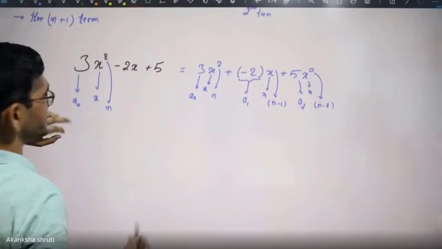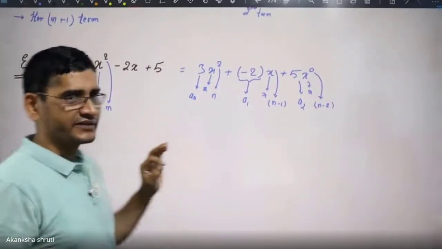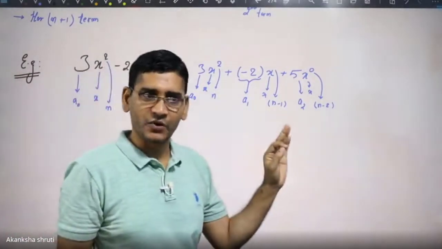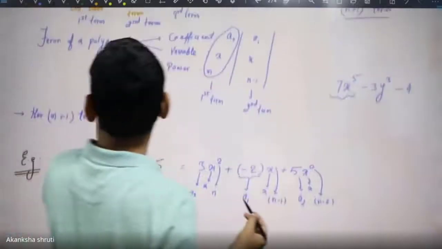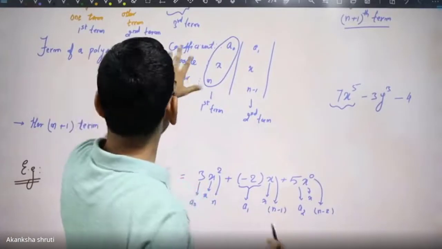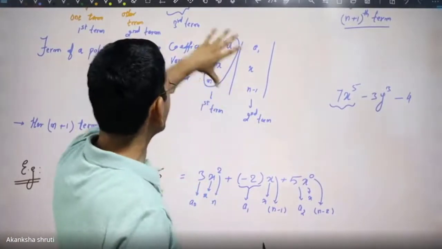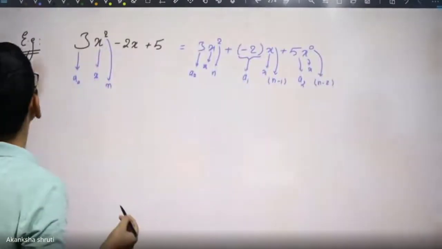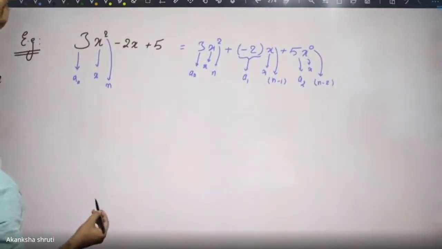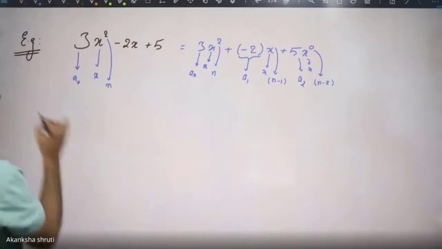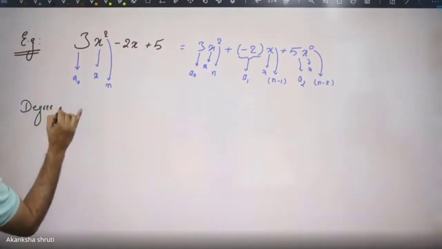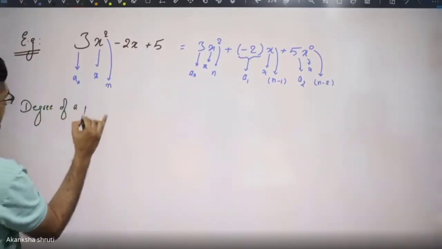Now let us understand a few more things, then we will identify whether the given expression is a polynomial or not. Once we have understood the terms of a polynomial, which include the coefficient, variable and the power, we define one more thing called the degree of a polynomial. Students, write down: degree of polynomial.